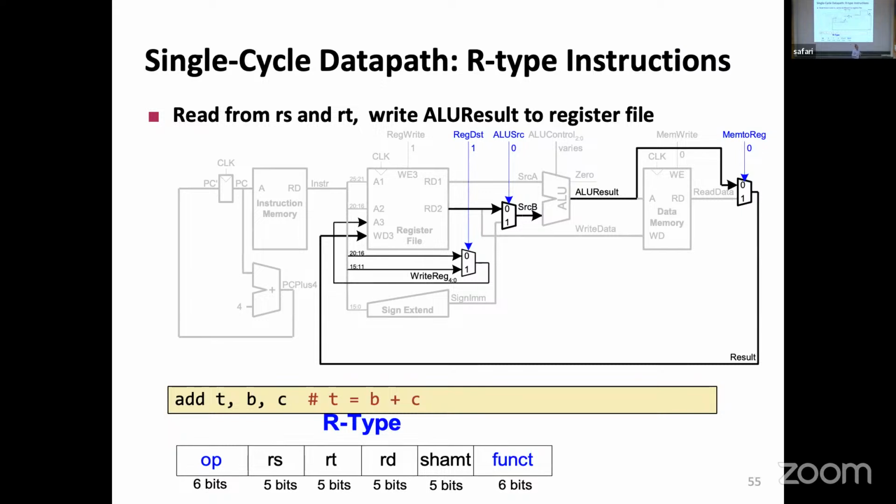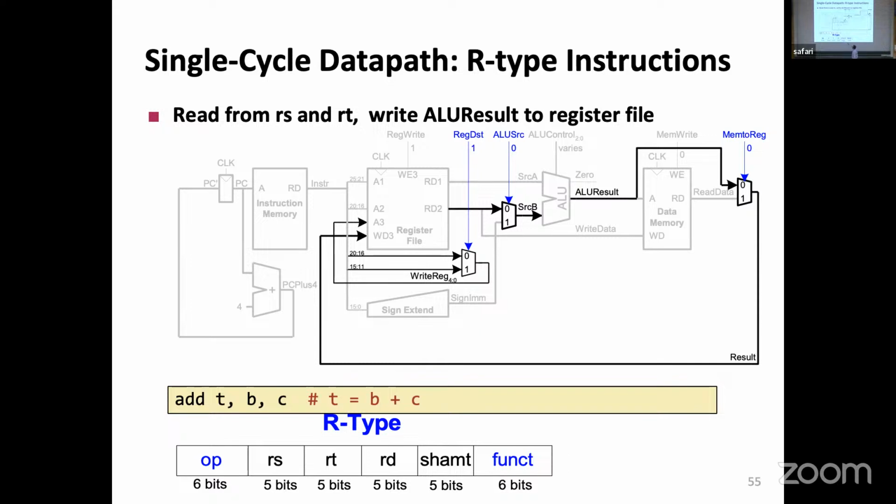When I was explaining it, I started with R types. In the way that it's explained in the book, we go from load word to store word and then to R type. And in R types, I now have 3 registers, and I'm not doing anything in the data memory. What happens is, once I pick the instruction, I have the 2 operands that go into the ALU. And the difference now becomes that since I have 3 registers, I have an issue selecting where the destination is.